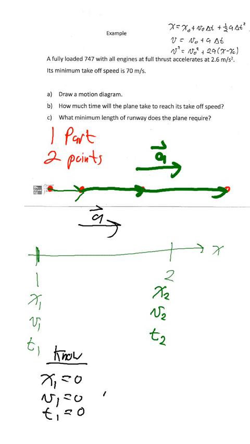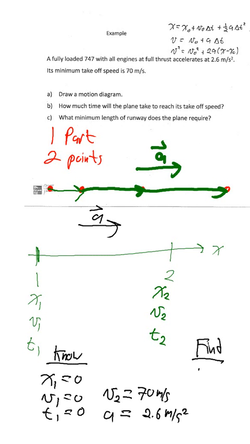We also know the takeoff speed, so that would be the value of v2, which is 70 meters per second. And we know that the acceleration in this problem is 2.6 meters per second squared. So let's write down what we want to find. And in part B it says the time, so that's going to be the value of t2. And then what is the length of the runway? That would be the value of x2.